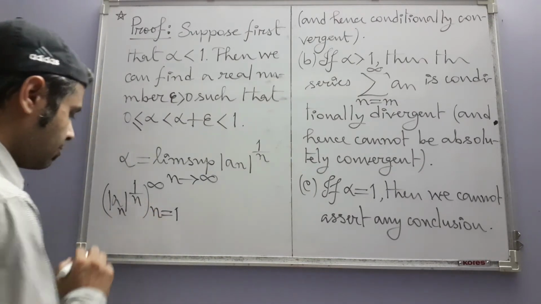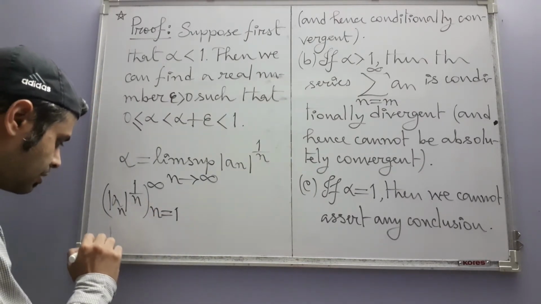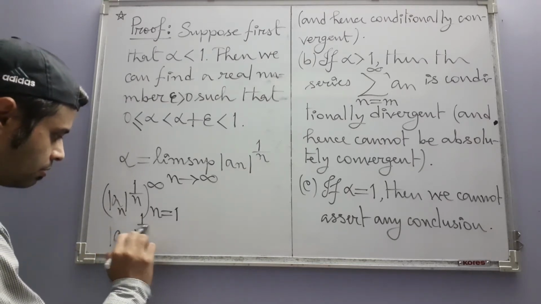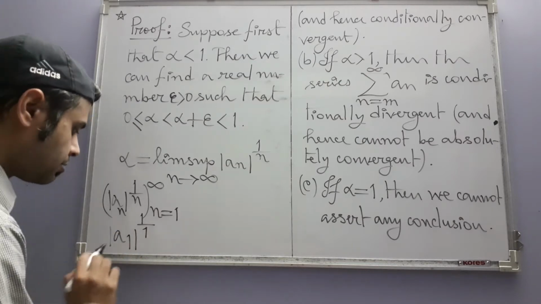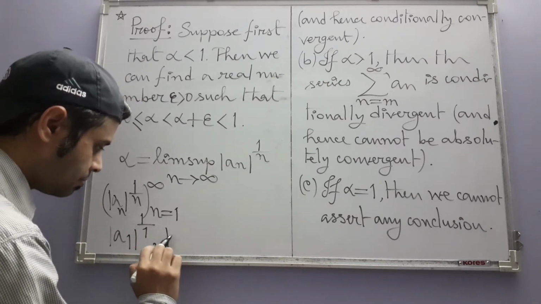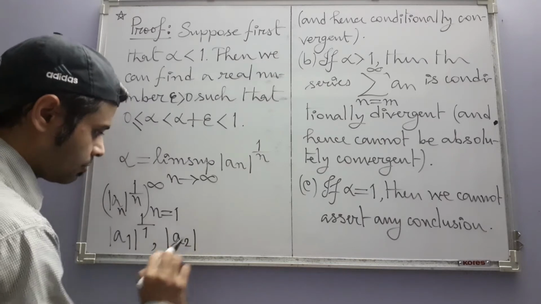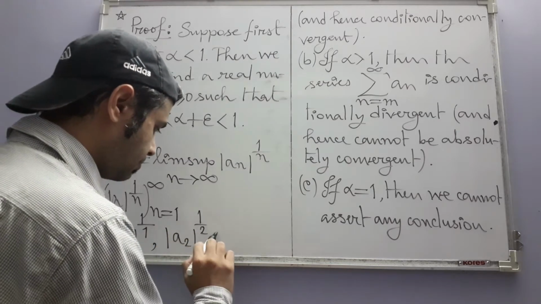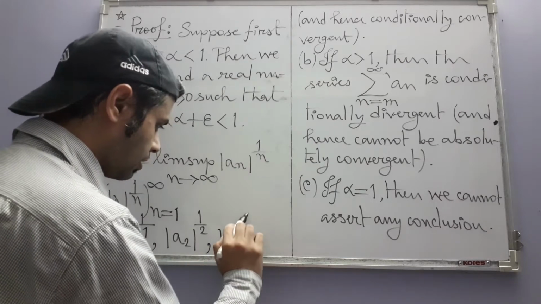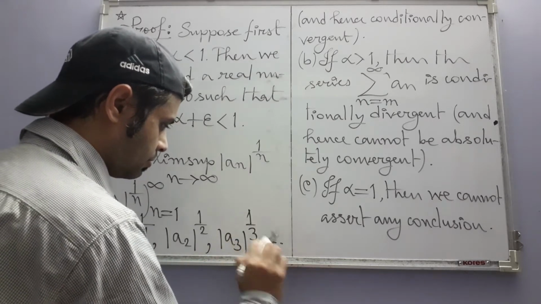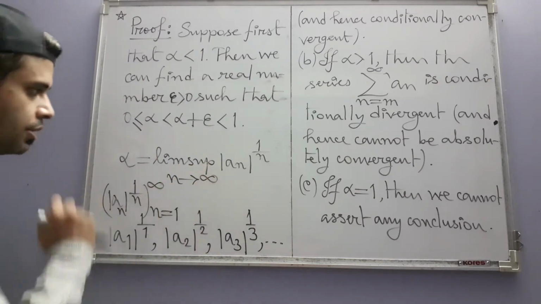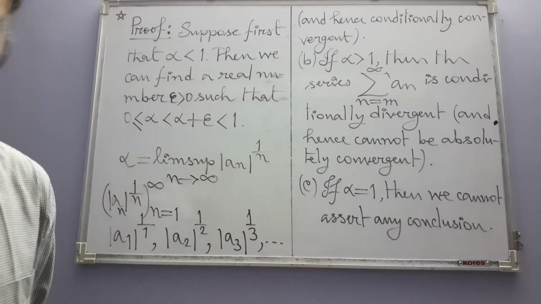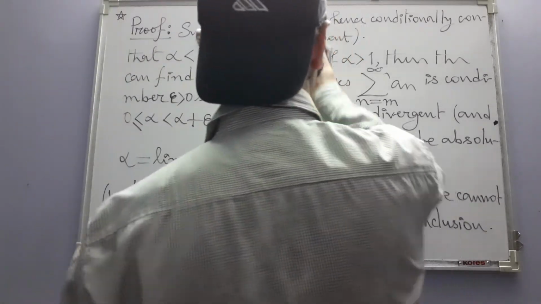Okay, so now if we consider the terms of our sequence, the first root of the absolute value of a_1, the non-negative square root of the absolute value of a_2, and so on, like this. This is our sequence of which we are considering the limit superior.